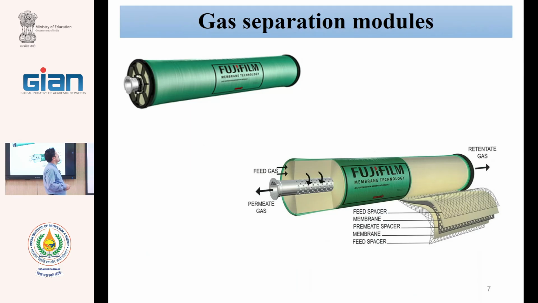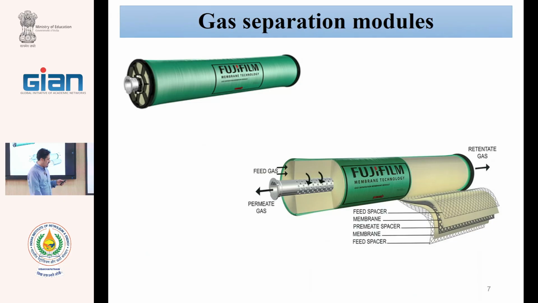spiral wound module fabricated by Fujifilm. Fujifilm produced cameras and photographic film before, but now we only have digital, and we do not buy Fuji photograph slides.